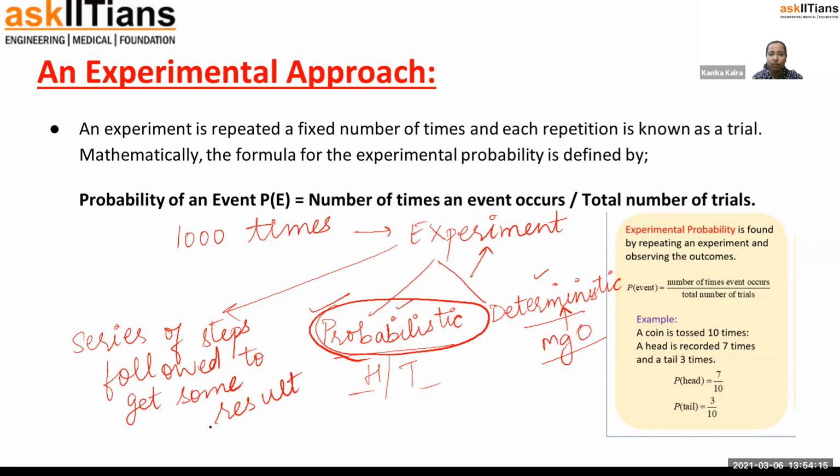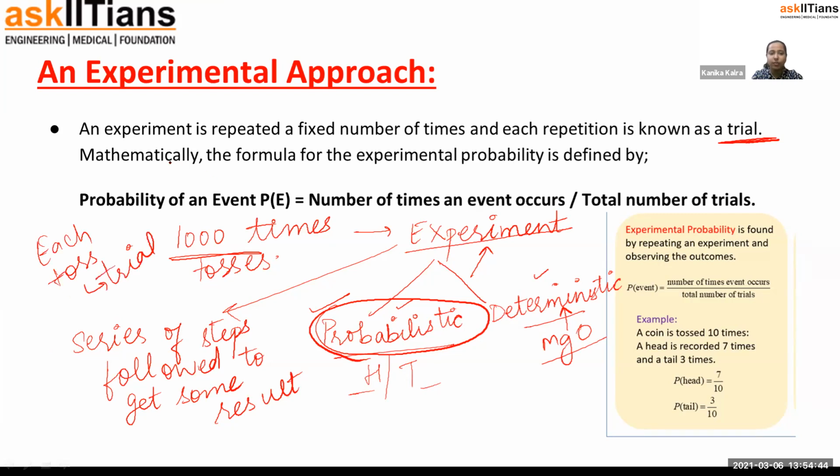So if we talk about 1000 tosses, either you get a head or a tail. Basically, we have done 1000 steps to complete an experiment, and each step is known as a trial. In this case, each toss is known as a trial.